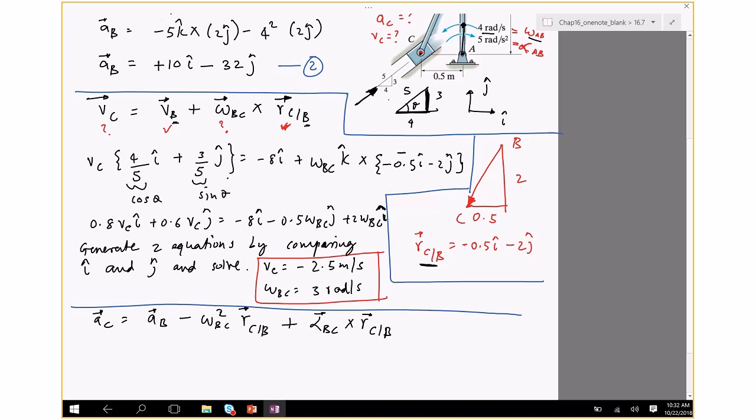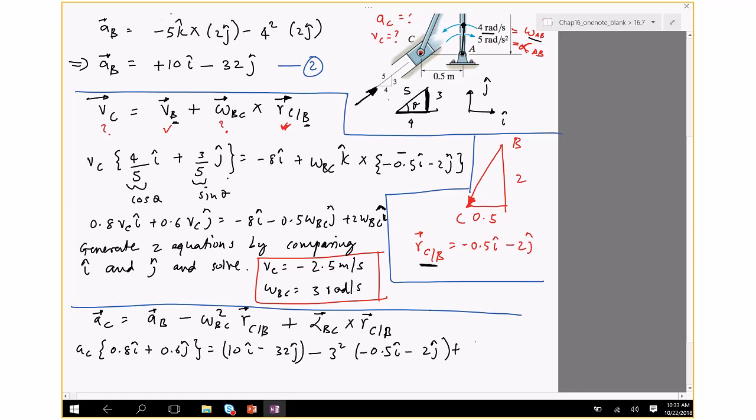We do not know what alpha BC is, and so we'll have to write AC 0.8I plus 0.6J equals AB, which we found earlier, 10I minus 32J, minus omega BC squared, which we already found, it's 3 squared, and then there is C with respect to B, that's minus 0.5I minus 2J, and then alpha BC is unknown, so I'll assume that it is counterclockwise, crossed with minus 0.5I minus 2J.